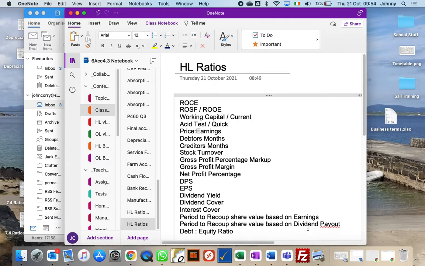So if the dividends per share is 50 cents and the share price is €2, how many years will it take me to get back my €2? If the dividends is 50 cents and the shares are worth €2, it's 4 years.